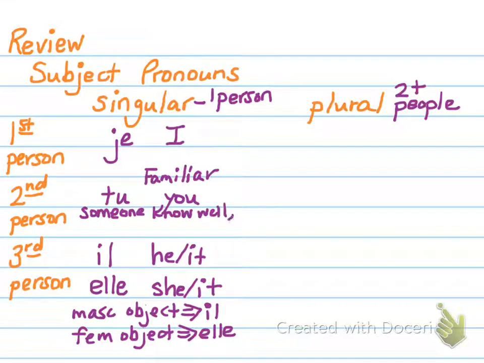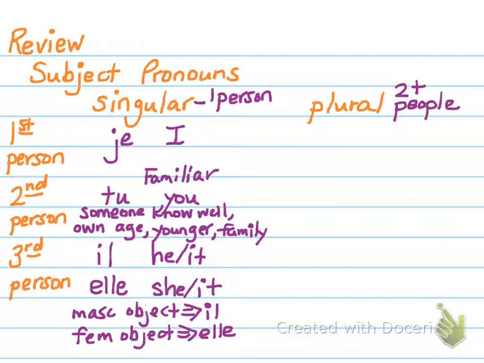Someone your own age. Someone younger. A member of your family. Okay, that's who you would use tu with. So again, we have je, tu, il, elle. Those are our singular subject pronouns referring to only one person.